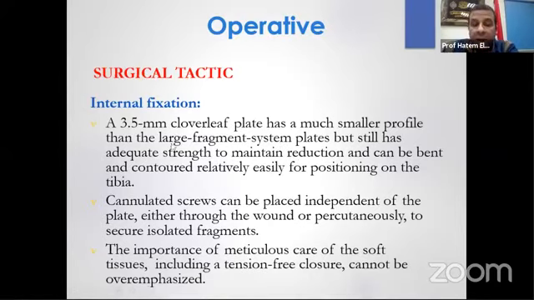Internal fixation is done by a 3.5 millimeter cloverleaf plate. It has a much smaller profile than the large fragment system plates, but still has adequate strength to maintain the reduction. Cannulated screws can be placed independent of the plate, either through the wound or percutaneously, to secure isolated fragments.